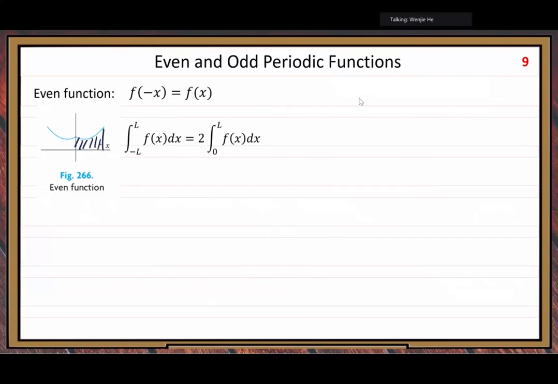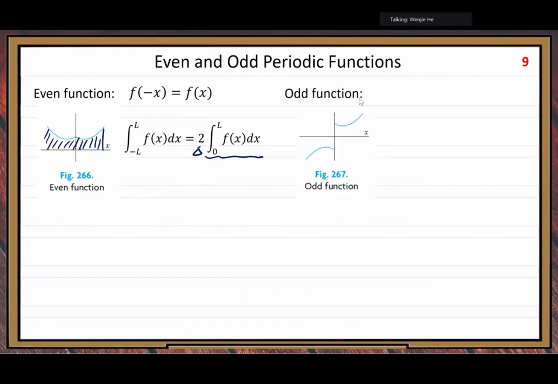The negative half, because it's symmetric, should have the same area. So you only need to calculate the positive half. The negative half you do not need to calculate, you just double the area of the positive half, because symmetric, same area.